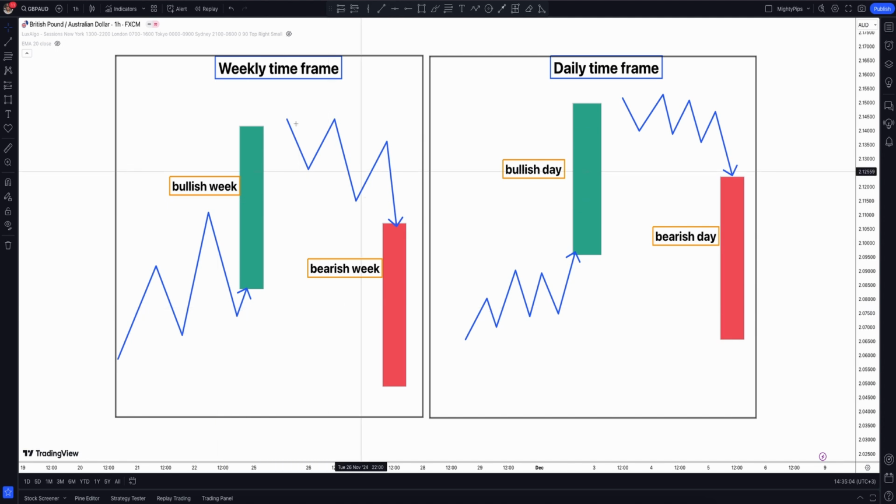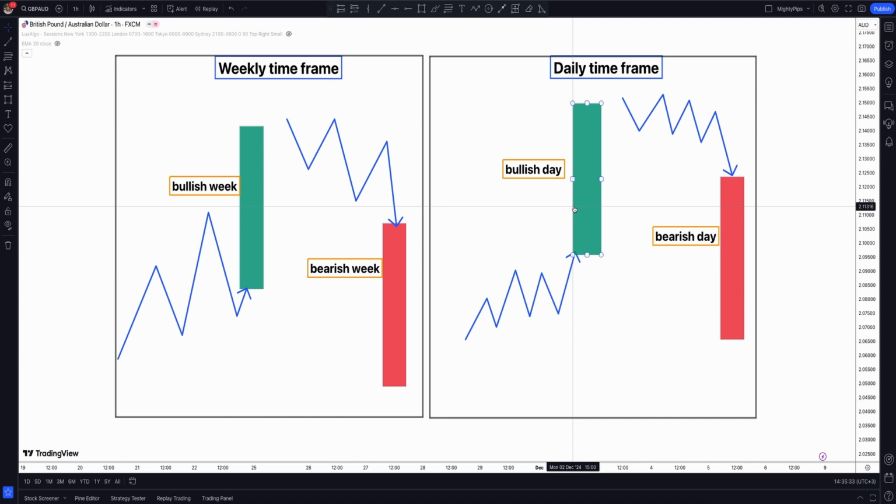After you've determined this on a weekly chart, come quickly to the daily chart and do the same. Make sure the previous day's candle has closed bullish and the daily chart is creating higher highs and higher lows, meaning the daily trend is matching with the weekly trend, and the daily candle of that day that you are trying to determine bias for the next day, which is going to come up, is bullish.